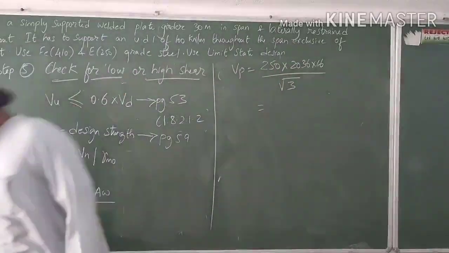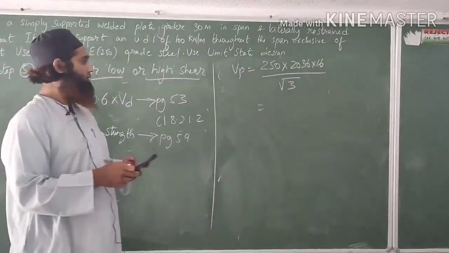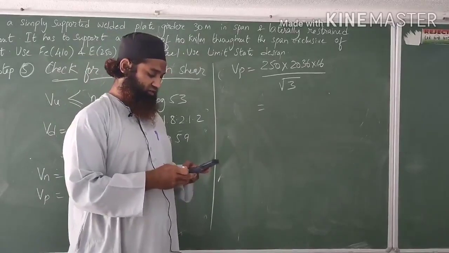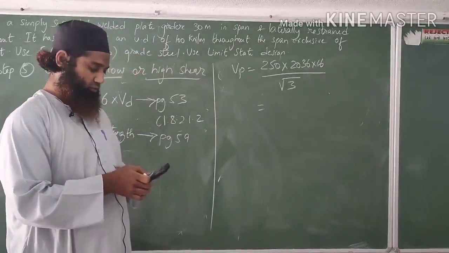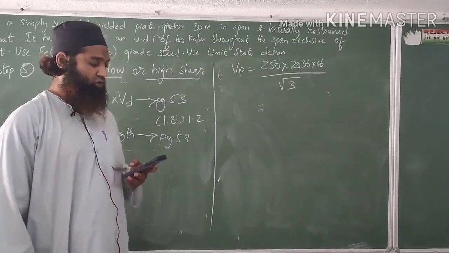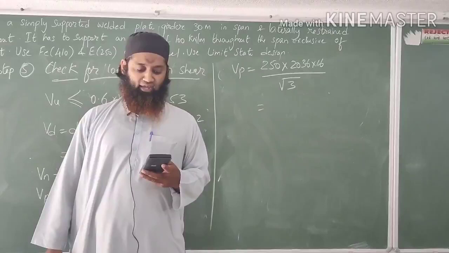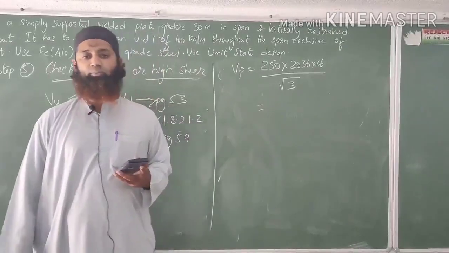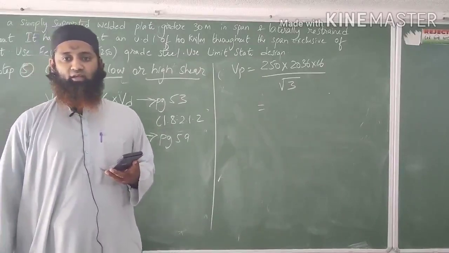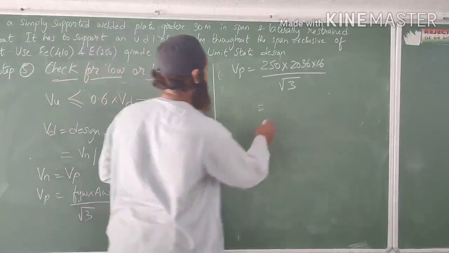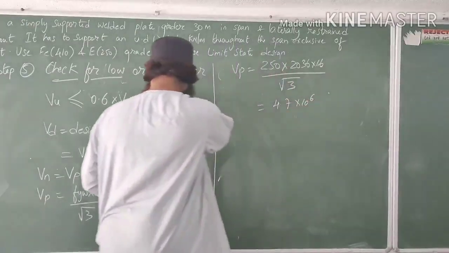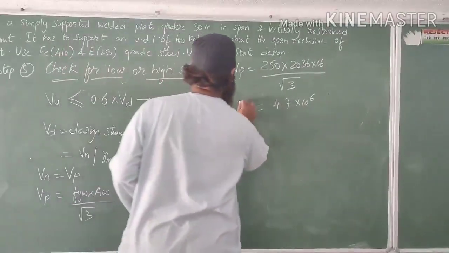We'll calculate this value here. 250 into 2036 into 16 divided by root 3. I am getting this value as 4.7 into 10 to the power of 6. Okay, this is Vp, what we have got.